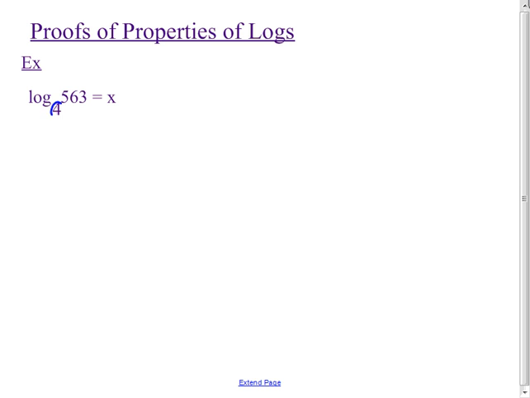So I have my base, a logarithm equals an exponent, so base to my exponent equals my argument. So now 4 to what power gives me 563? You probably realize that that's not going to be a nice integer value for x, because 4 times itself a certain number of times cannot end in a 3, 563.